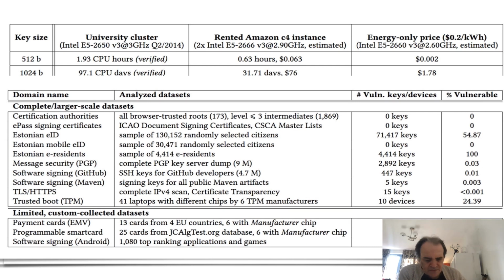So the evaluation was this, and it was the Estonian eID system that was seen to be highly vulnerable because the public keys were actually published online. Over 50% of the keys online were vulnerable, and in some cases it was 100% for the Estonian e-residence system.